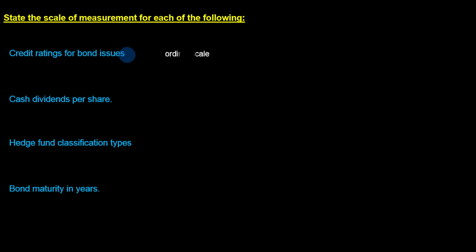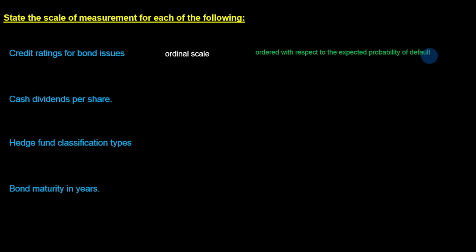The same thing, still ordinal scale. And just so you know, ratings for bond issues are ordered with respect to the expected probability of default. So we are talking about the bond issuer's ability to pay whatever they promise to pay. So the bond with the highest rating has the lowest expected probability of default.